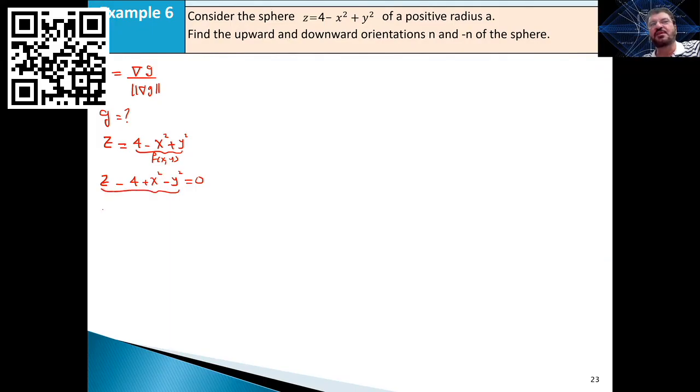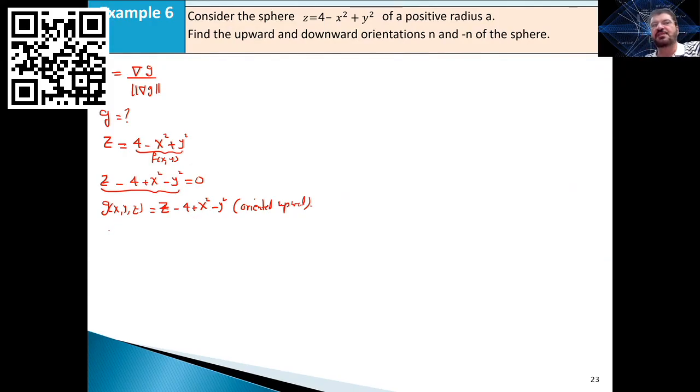What do we call this one? This is g of x, y, z, which is z minus 4 plus x squared minus y squared, and this is oriented upward. Why? What did I do? I said z minus f of x, y.